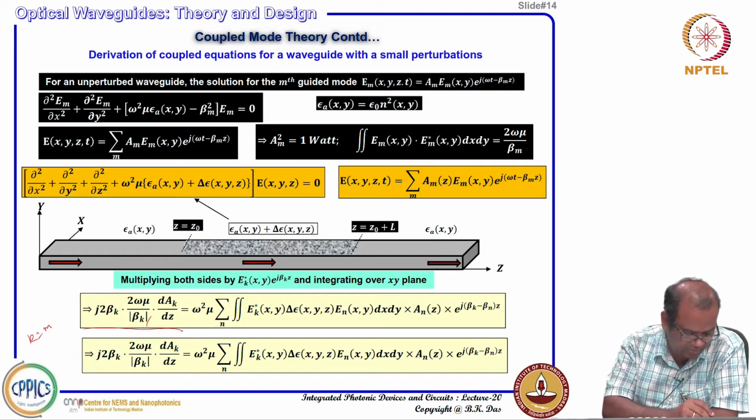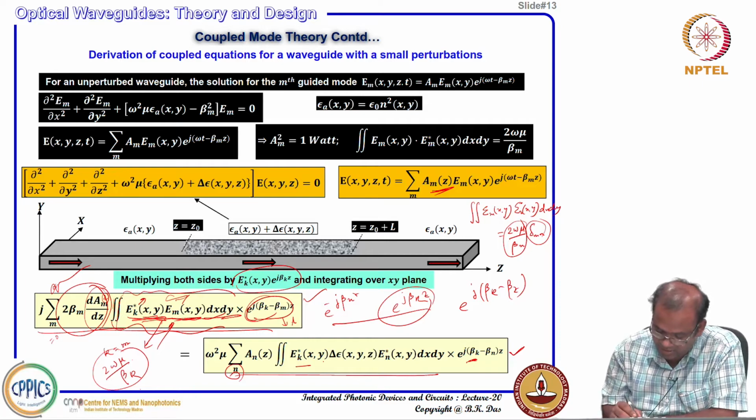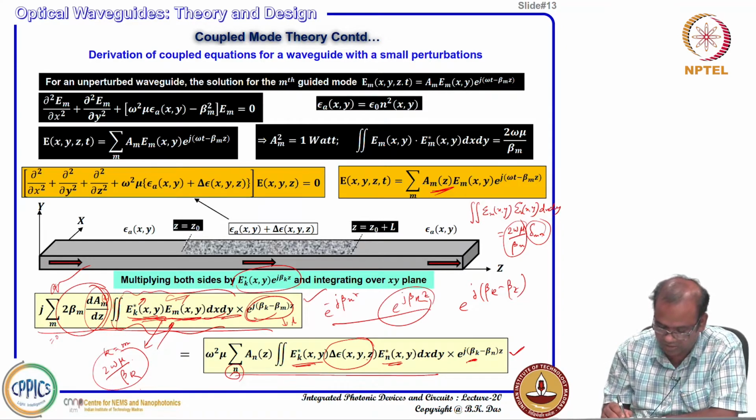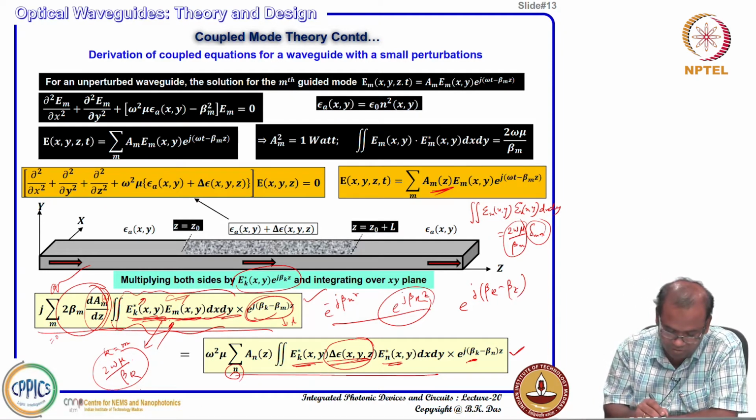And the right hand side, what was the right hand side? Here also you have E k star and E n star, but in between you have a delta epsilon x y z function, and n you are running over. Because delta epsilon x y z is involved, it is not so easy as on the left, where we could write 2 omega mu by beta k from the orthogonality condition.